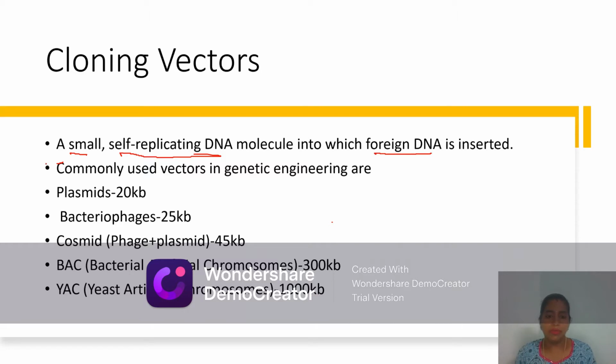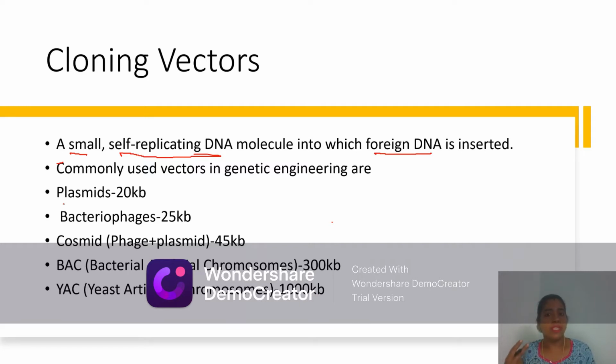In the genetic engineering field we have multiple vectors. Based upon the size of the foreign DNA you want to clone, the characteristic features or the choice of your vector will differ. Why? Say you want to travel from one distance to another. According to the distance and your comfort level, you will choose the vehicle, right?